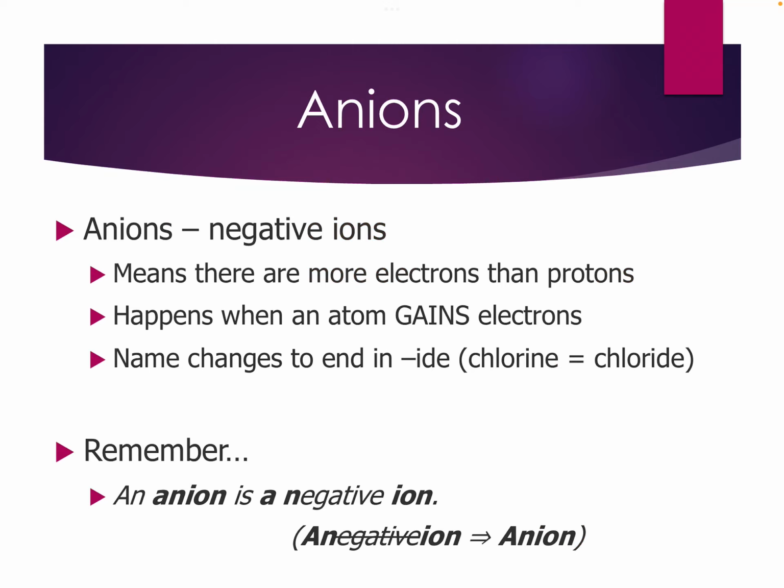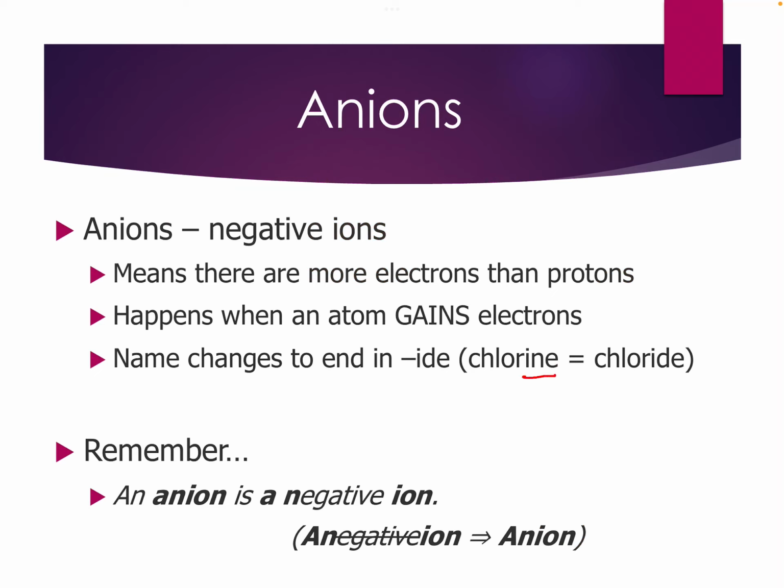Let's talk about anions. Anions are negatively charged ions. Okay, this means there are more electrons than there are protons, right? They're not equal anymore. It has a negative charge because it gained an electron. So it has 1 extra electron or 2 extra electrons, which is why it's negative. The name of our anions change to end in IDE.